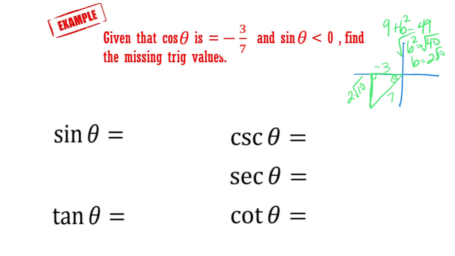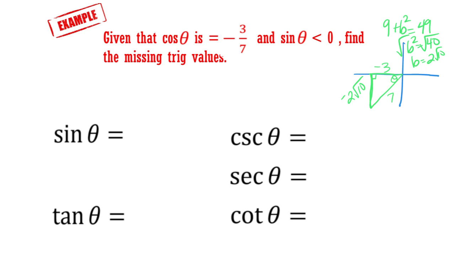But you need to realize, and this is why I draw the picture, to help me realize that that leg is going down. So not only 2 root 10, it's actually going to have to be a -2 root 10. The picture should help you get your signs accurate. Once you have all three sides, then you can start finding all the other missing trig values.